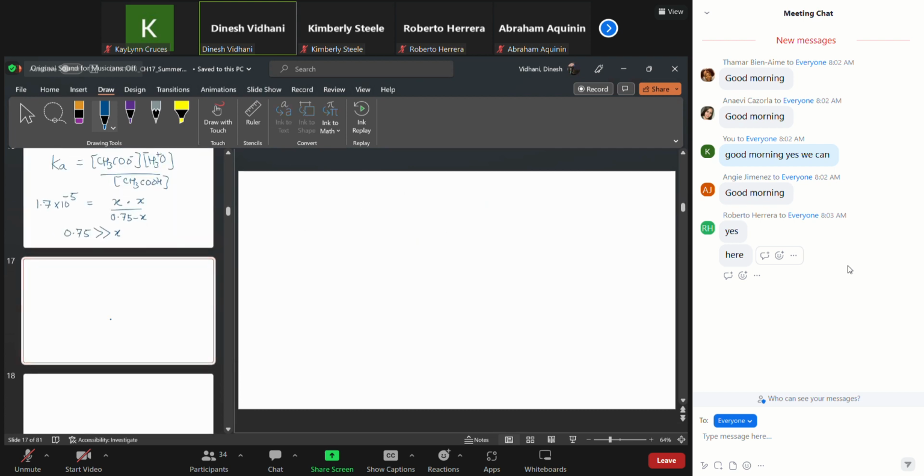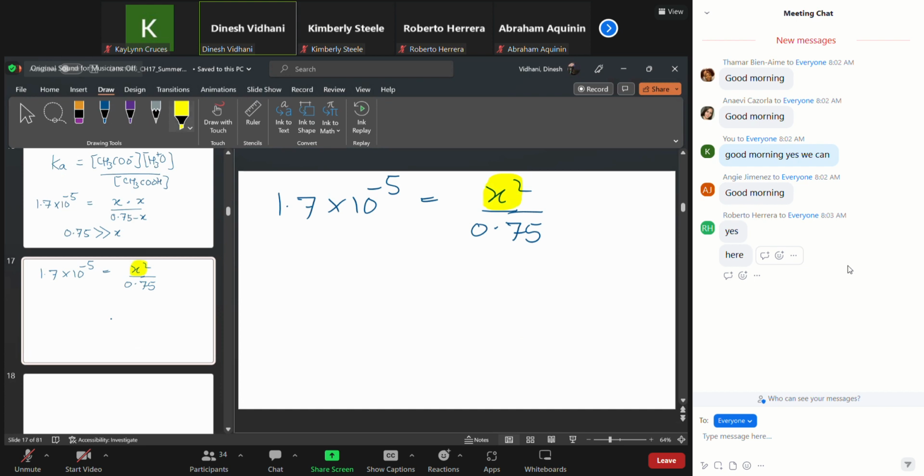So I'm going to write here 1.7 10 to the power negative 5 equals x squared divided by 0.75, because I simply ignored x. Subtracting a very, very tiny number from 0.75, which is a big number compared to that, will not make a big difference in 0.75. Now you would wonder, can we ignore x squared in this equation?